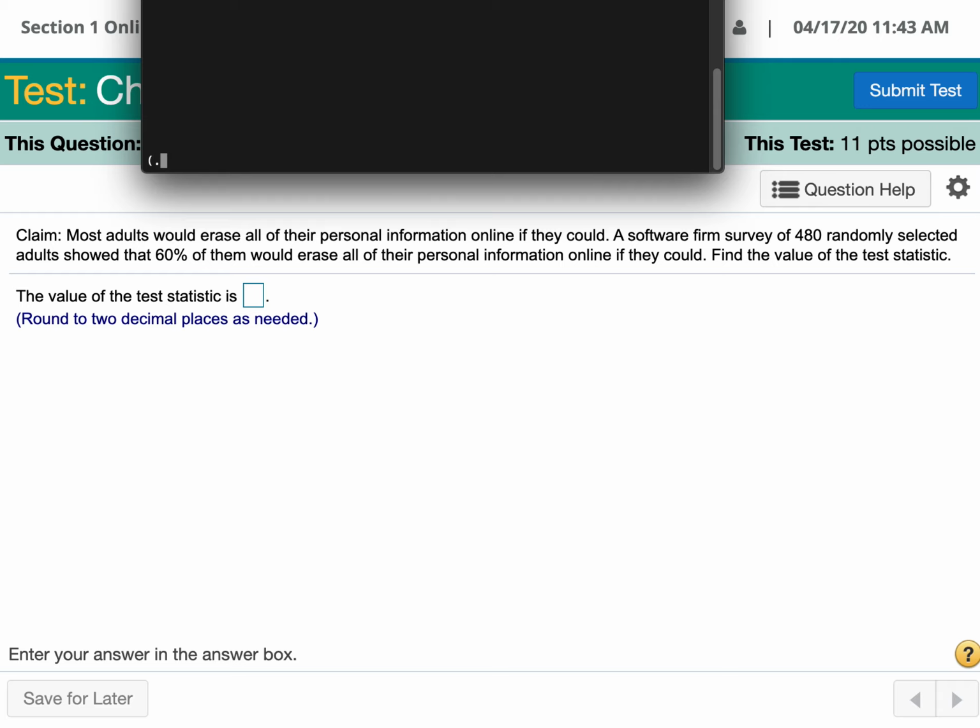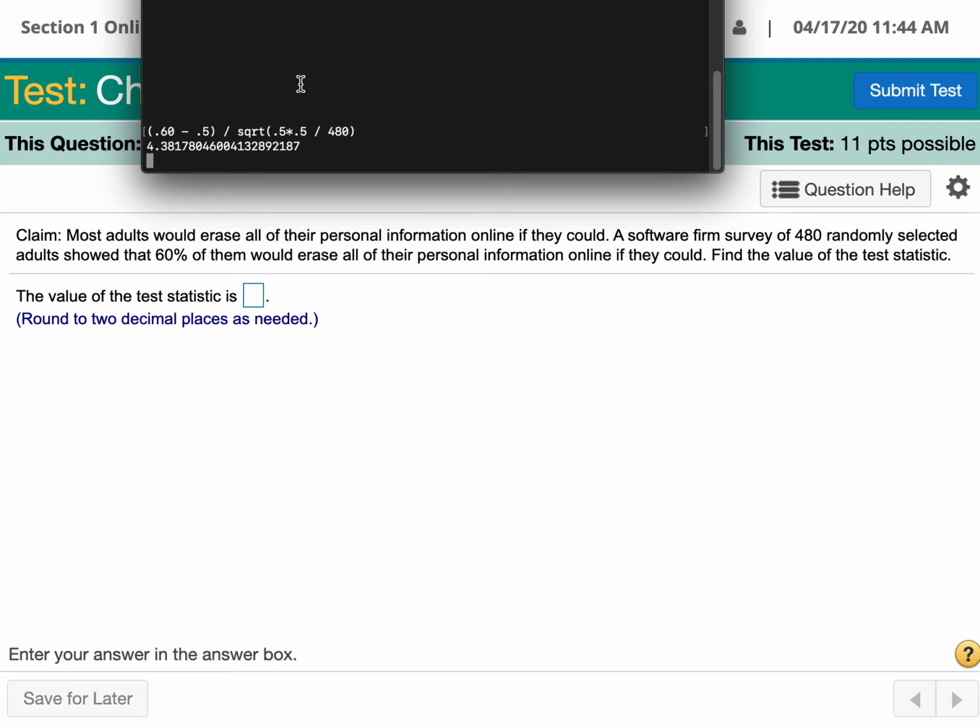The test statistic is equal to the sample proportion, which is 60%, so that's 0.60, minus the population proportion given in the null hypothesis, which is 0.5, divided by the square root of the population proportion, 0.5, times Q, which is 1 minus the population proportion, also 0.5, divided by the sample size, which is 480.